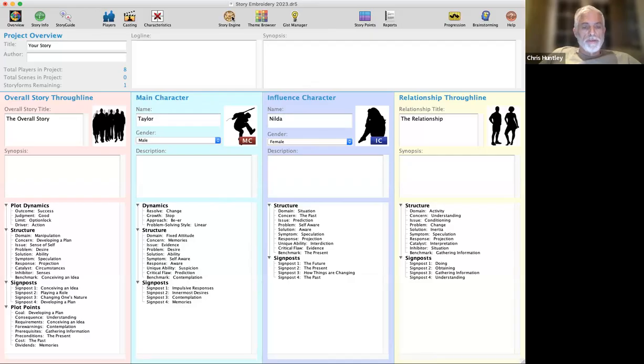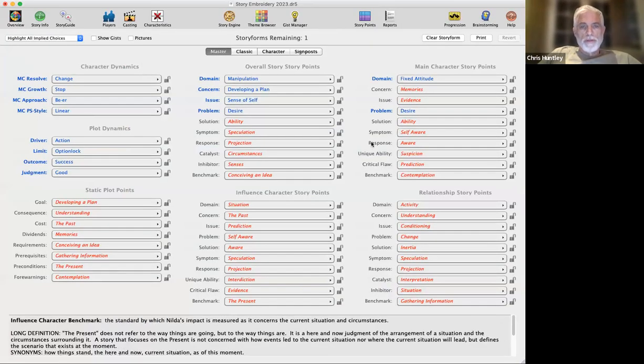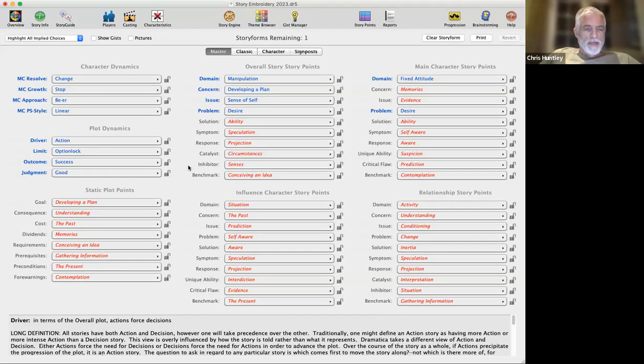Look at the story engine. This is the story form. So this is the raw version with all the Dramatica terms in it. It's a change, stop, fear, linear, action, option, lock, success, grid story. It's something that's really straightforward, kind of.